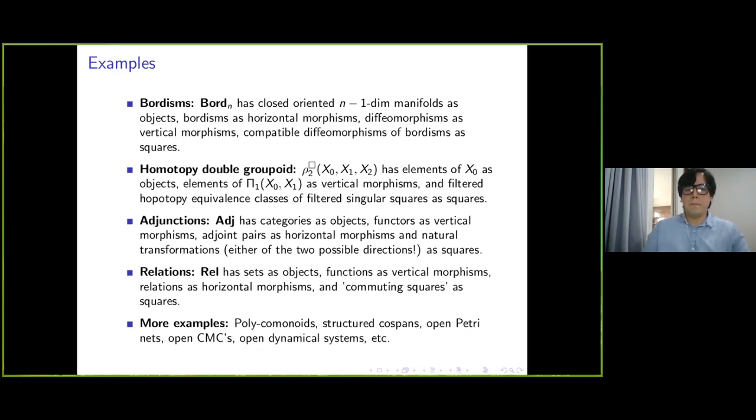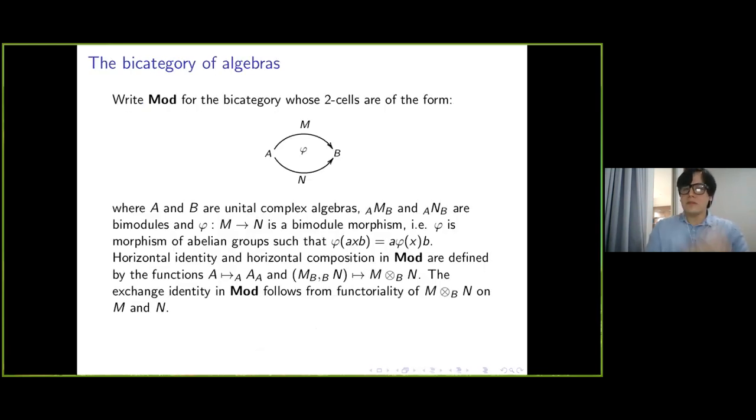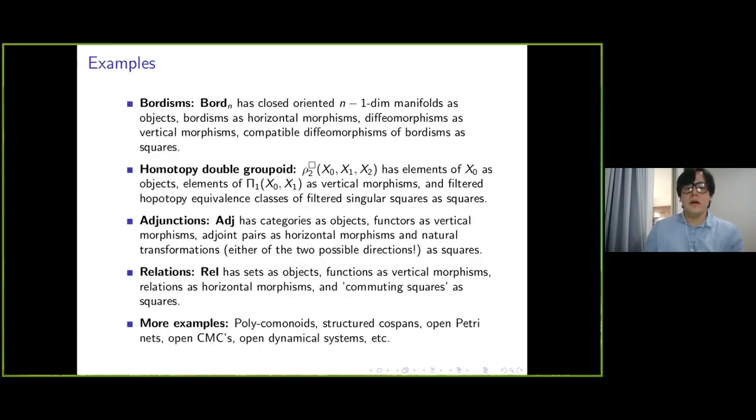So I want to focus on this very specific example of a double category. In this slide here, every double category in all the examples has a better known horizontal bicategory. The bicategory of morphisms is somehow better known than the double category of morphisms.